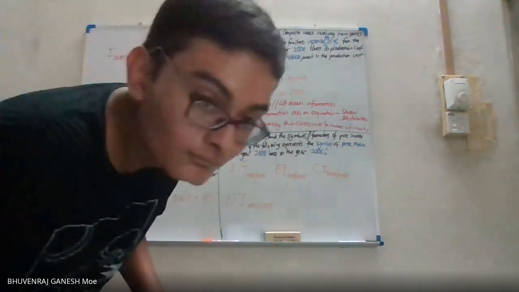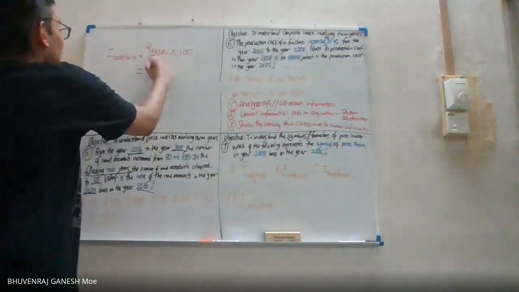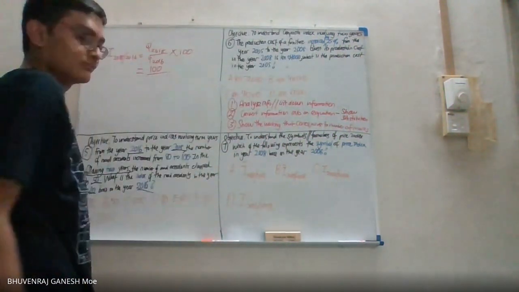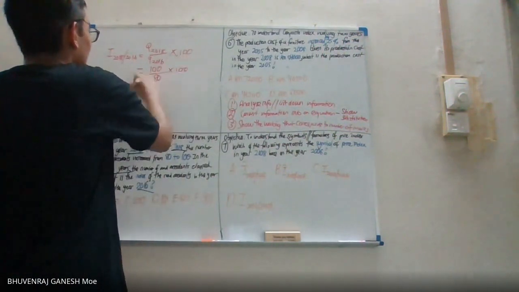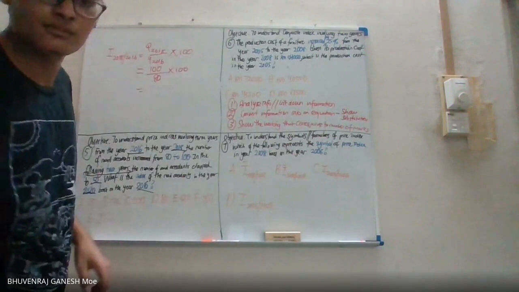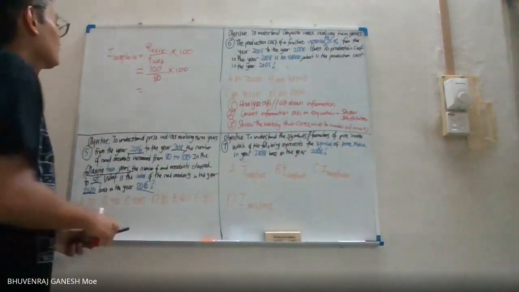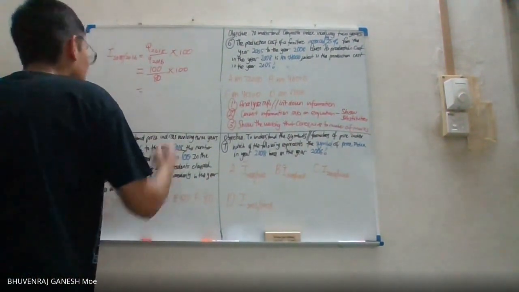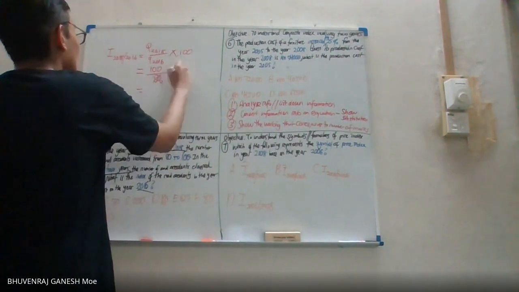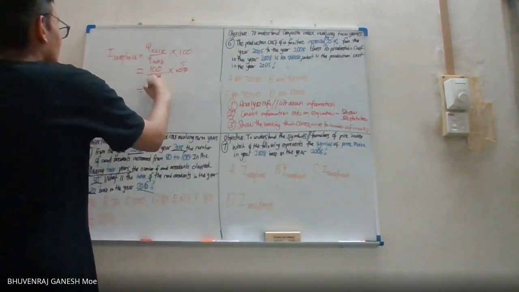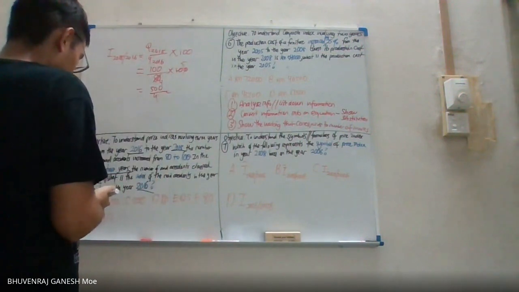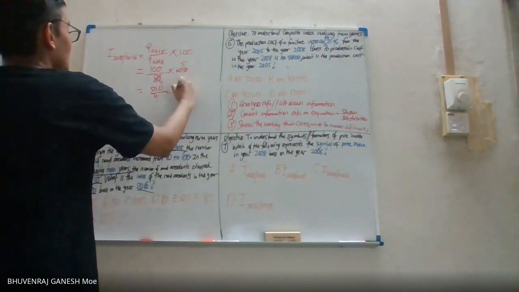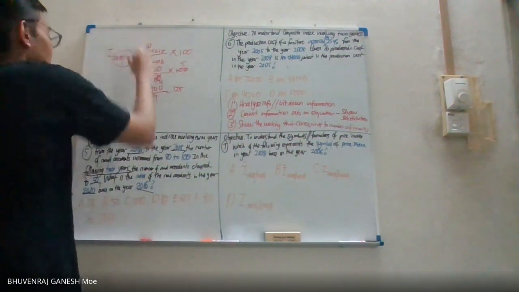Okay. Then 2016, 80. Then you solve normally. So you will get 100 over 80 times 100, which is 500 over 4. So you will get 125. So this is your index of 2018 to 2016.